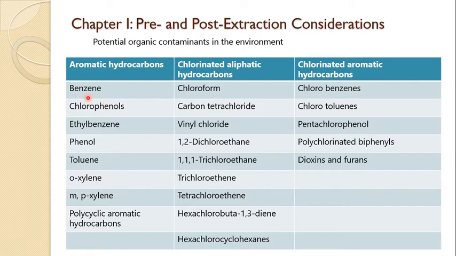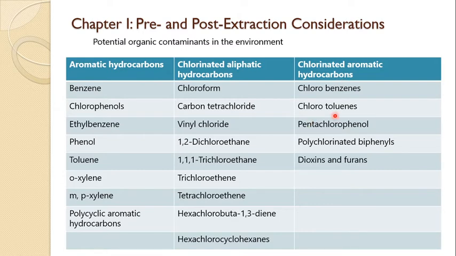These are the simple benzene, ethyl benzene, phenol, toluene, xylene, para-xylene, meta-xylene, like this. And these are the chlorinated aliphatic hydrocarbons, that is methylene chloride, carbon tetrachloride, chloroform, and these are the aromatic chlorobenzene, chlorotoluene.